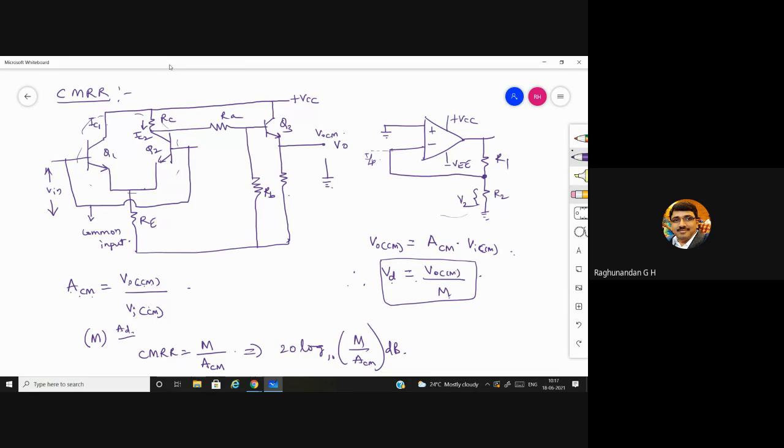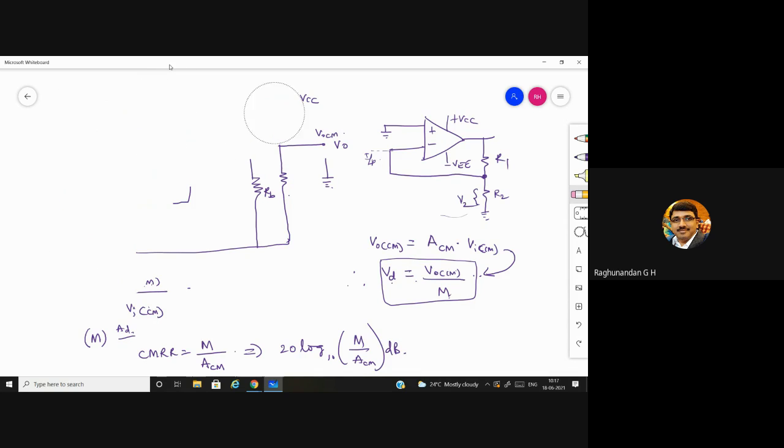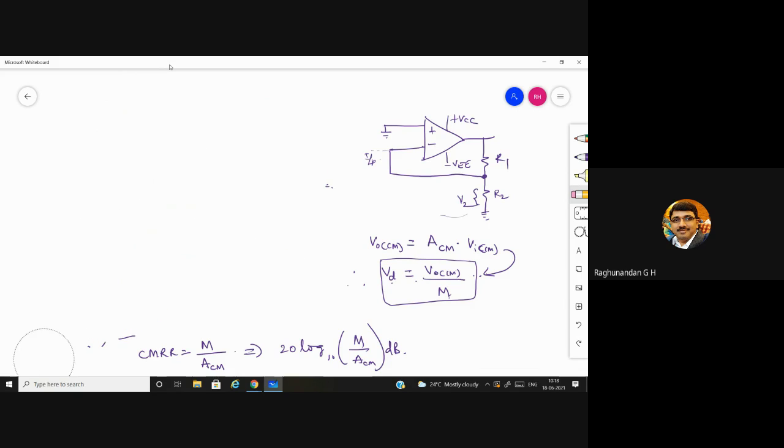Now we are going to substitute V0 CM in this equation. So Vd is equal to ACM into VICM divided by M. When you substitute this, we will get this equation.